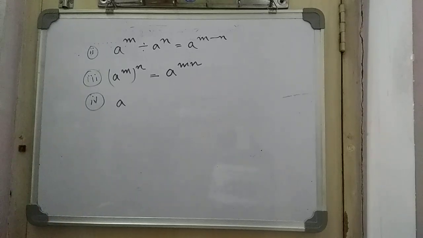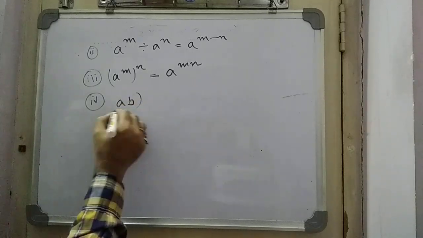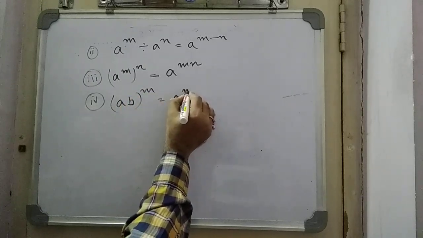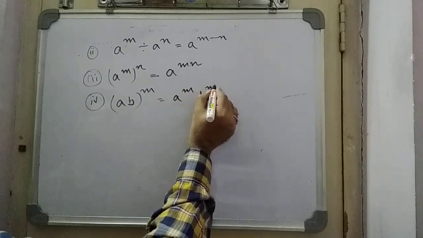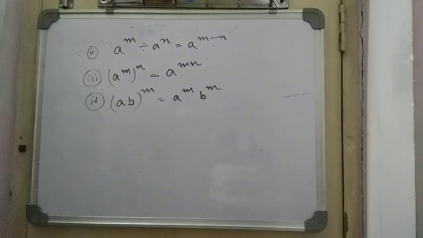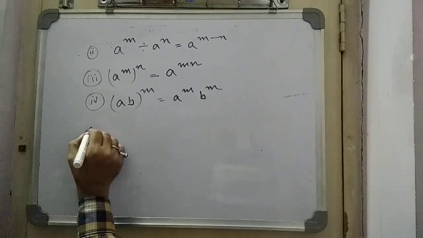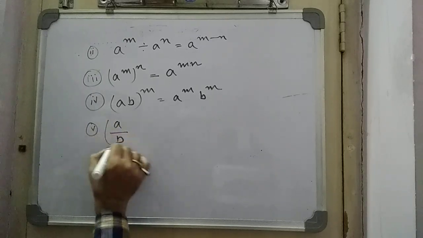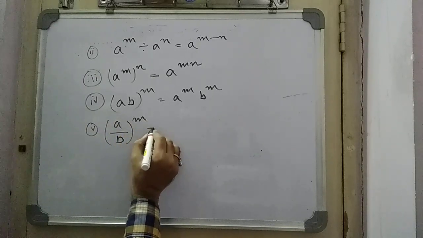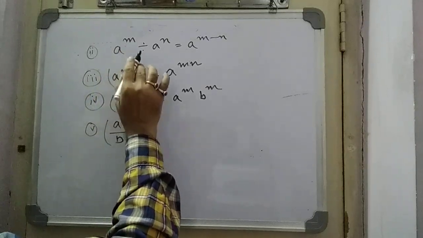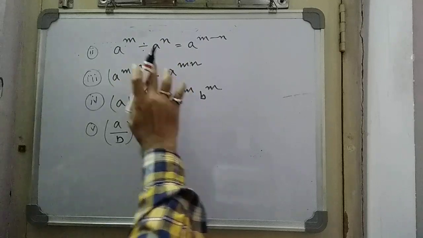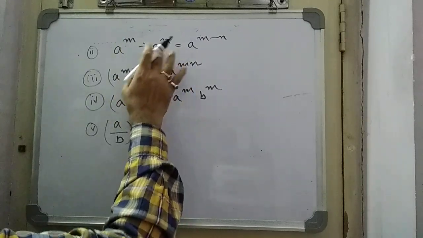And what will be ab? The two numbers are coming into picture. So it will be a to the power n, b to the power n. See here, a to the power m divided by a to the power n, the base was same, but the exponent or the index was different.